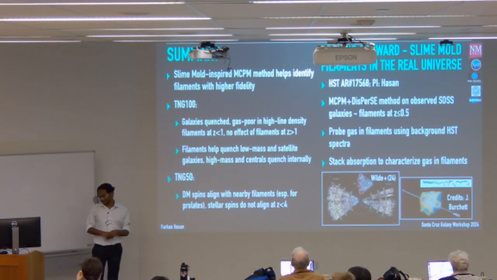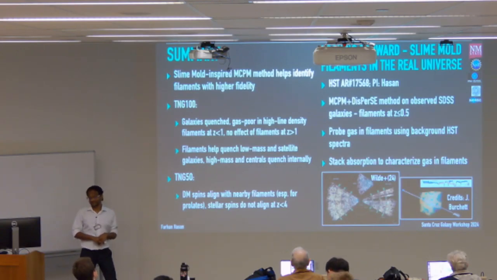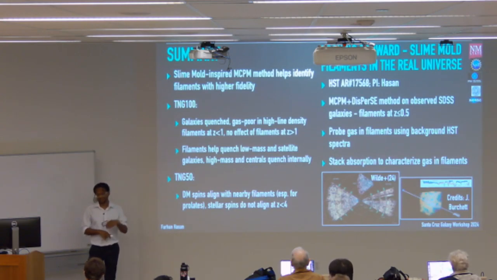Yeah, so that's a very important point you raised. What we do is we actually smooth the density field that goes into DisPerSE in the first place. We smooth it on the same scale for DTFE and for MCPM. The scale is like half the magnitude. And in the paper we show the length distribution of the filaments too, and we show that we don't actually find those small scale, what's called streams or something.